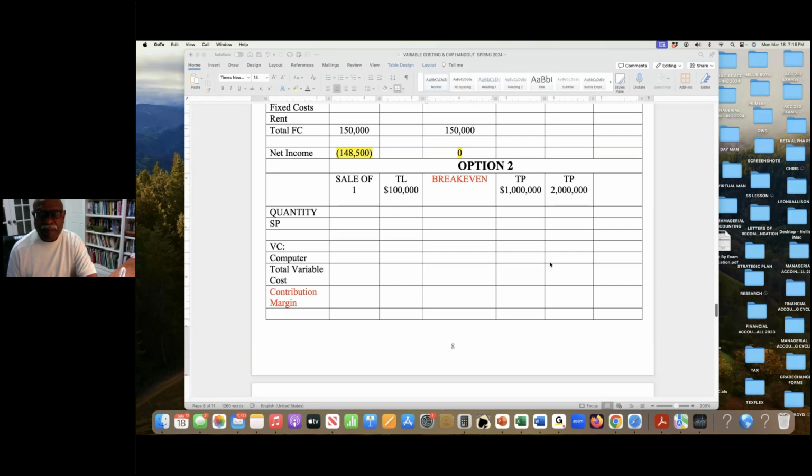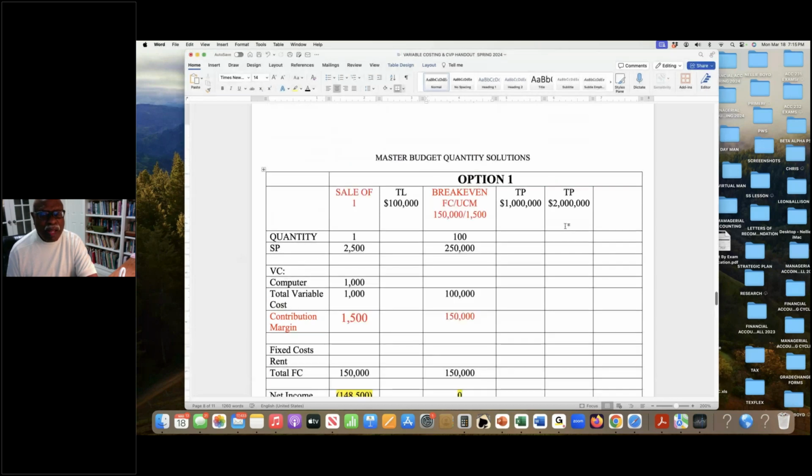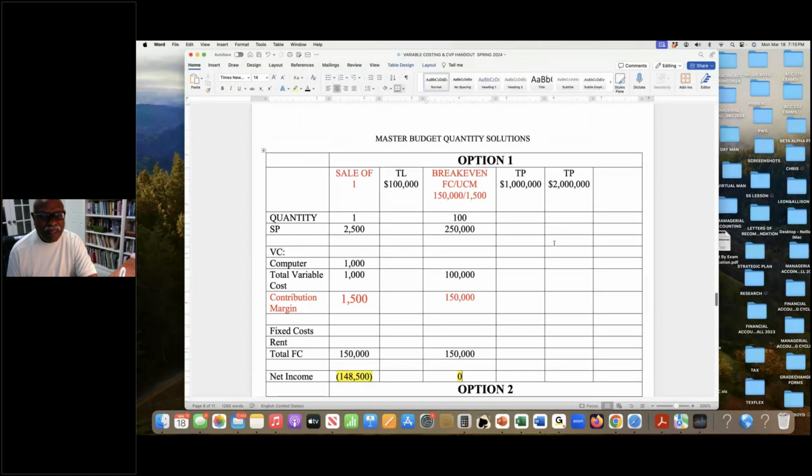Quick question, do you have the variable cost and the contribution margin flipped for option one, or am I looking at it wrong? In the little table at the top, the contribution margin is 1,000 and the variable cost is 1,500.